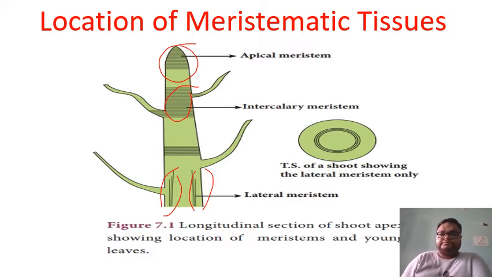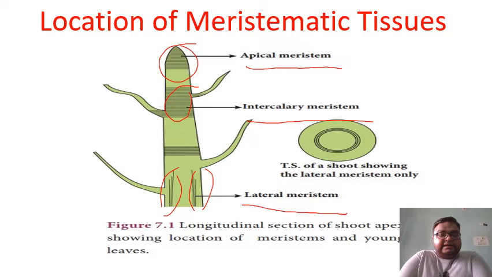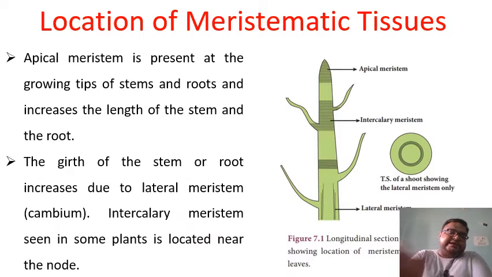Okay, so you can see from this picture the names: apical meristem, intercalary meristem, and lateral meristem, right? And when we see from the sides, this is the longitudinal section and this is the transverse section. In the transverse section, you can see this type of picture. Very good.